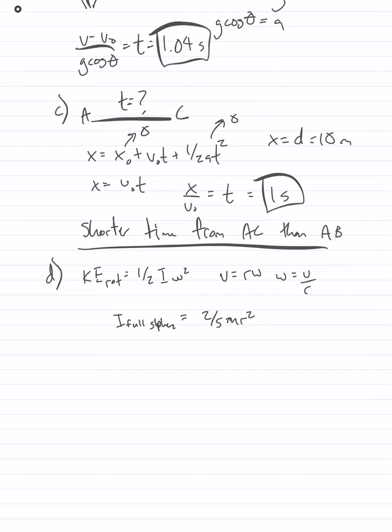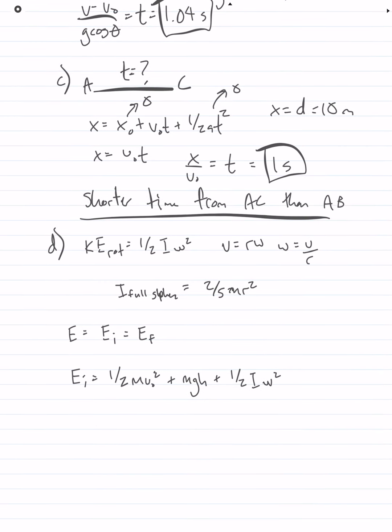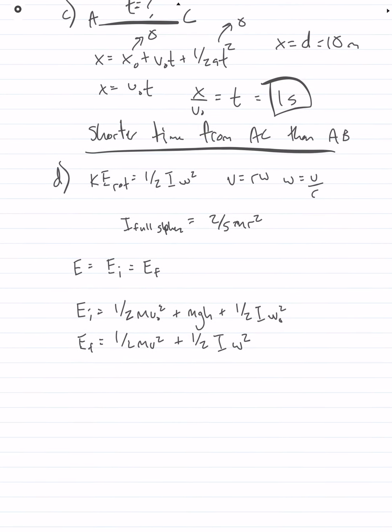So the same thing, that the energy E initial is equal to E final. So E initial is going to be equal to 1/2 mv0 squared plus mgh, same as before, except we also now have the 1/2 inertia times angular velocity squared. Well, for the final, same thing, 1/2 mv squared plus 1/2 I omega squared.